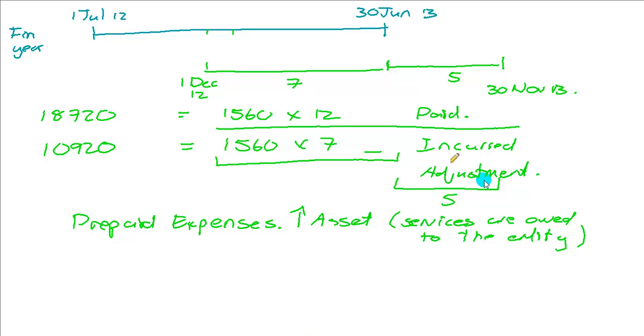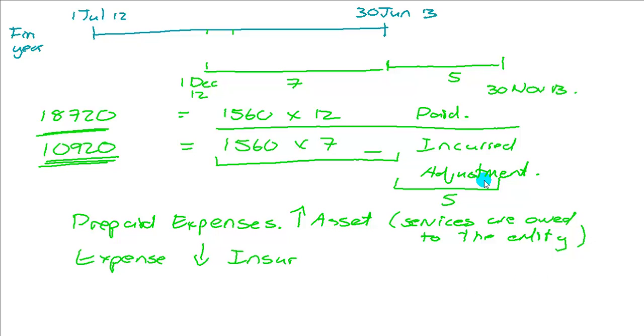My expense, insurance, which is 18,720 currently, that is what has been paid, needs to decrease to 10,920. So my expense, specifically insurance, needs to decrease to this amount so that we get to 10,920.